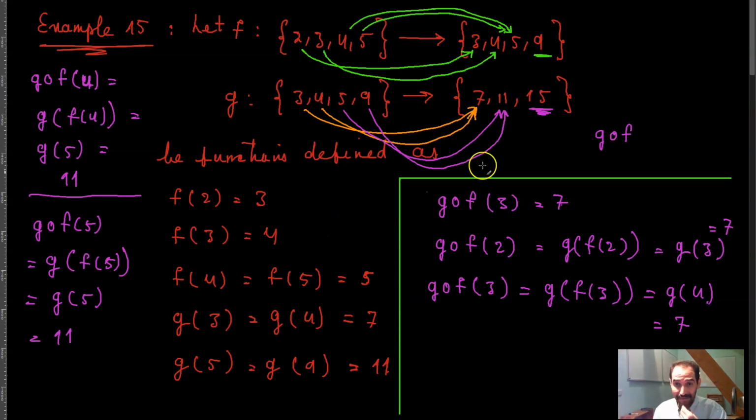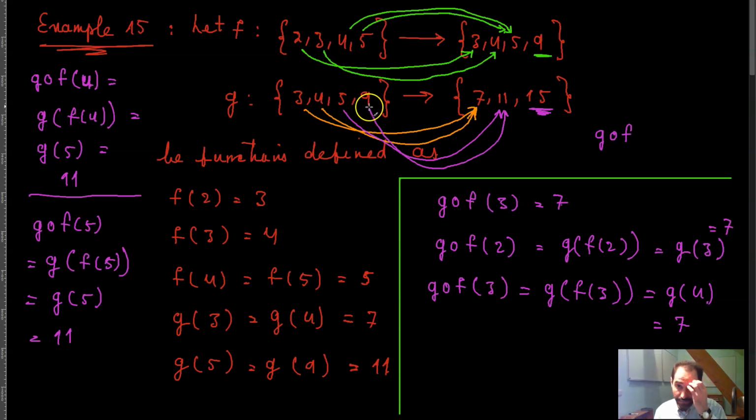So as you can see, what's important here to understand is that there are 2 points in this example. First of all, when you have some f of x and when you have some g of x, then you can look at g of 9 and g of 4 and g of 3.